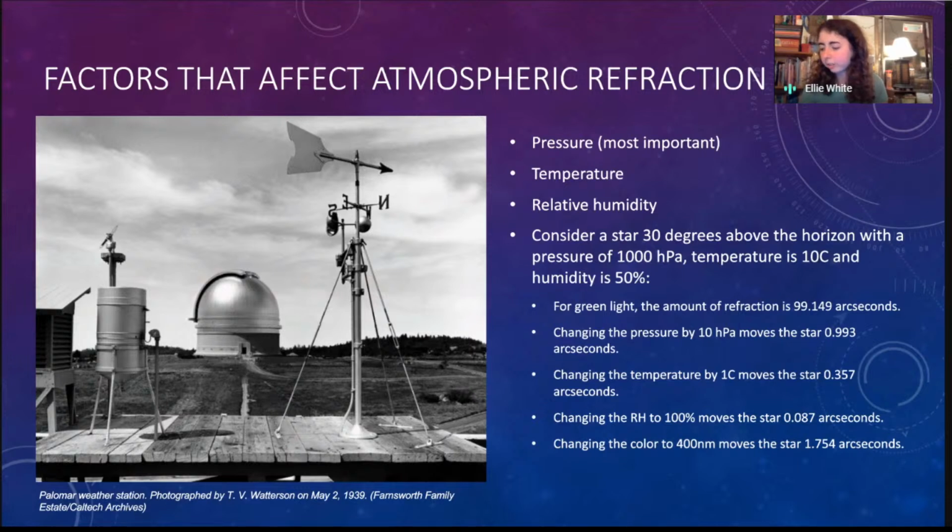Although the changing conditions as the light beam travels through the atmosphere do cause disturbances, they do, to a large degree, cancel out. So basically, weather readings at the observatory are pretty much all that you need to get pretty accurate calculations of how to deal with refraction.